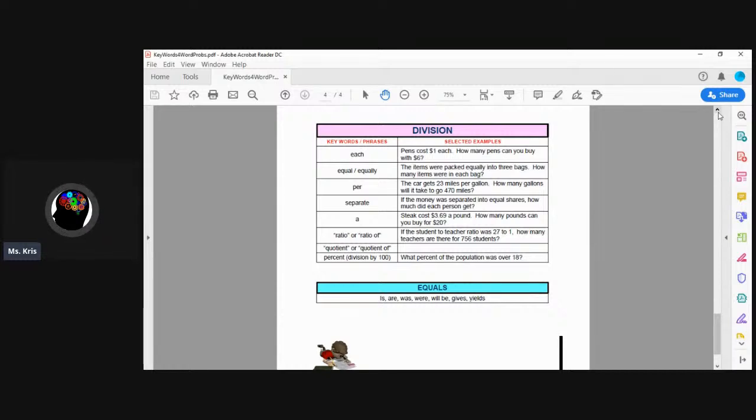Well, if you know your car gets 23 miles per gallon, how many gallons would it take for you to get up to 470 miles? So now you will take that 470 and you will divide it evenly into 23.